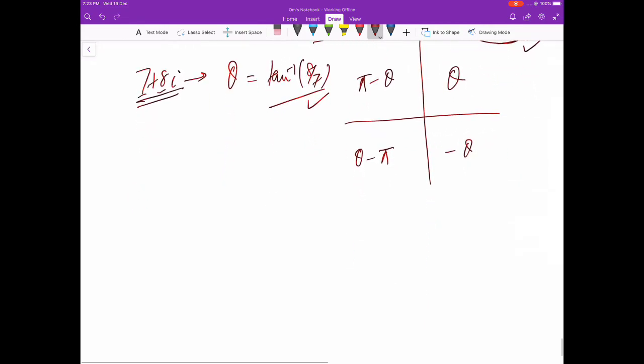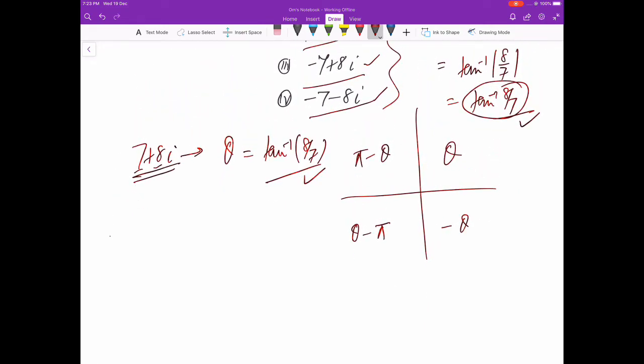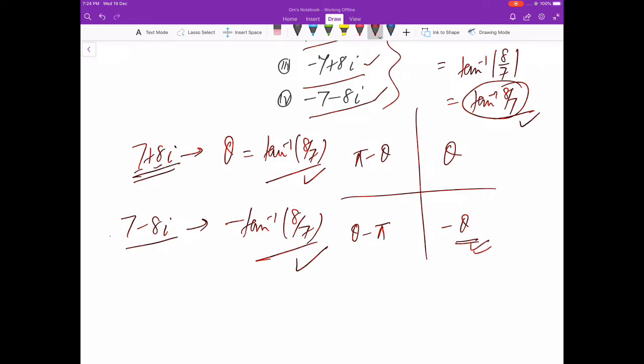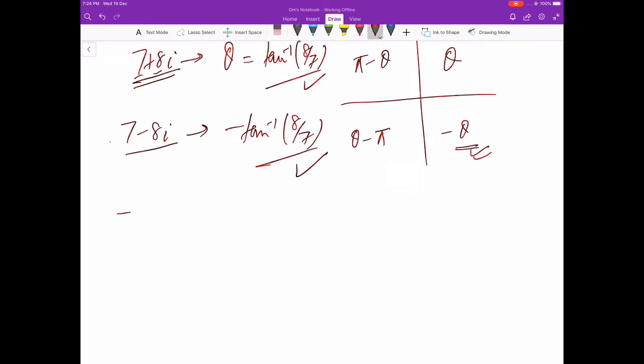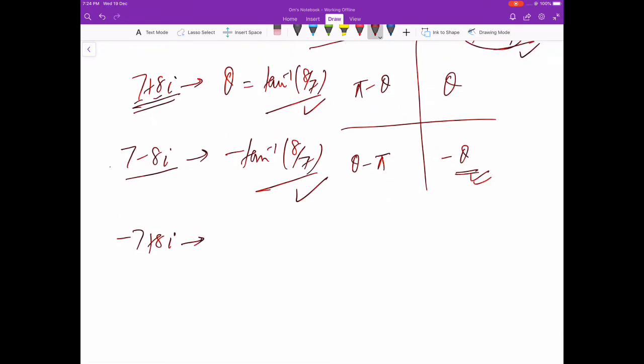Now let's see 7 - 8i. It lies in the fourth quadrant, so I can say the argument is simply minus tan inverse 8 upon 7. And for -7 + 8i, which lies in the second quadrant, I can say it is pi minus tan inverse 8 by 7.